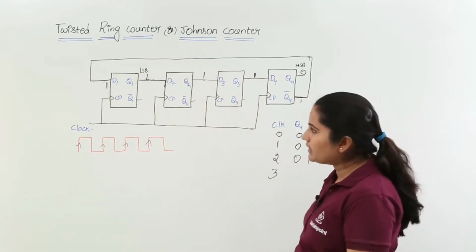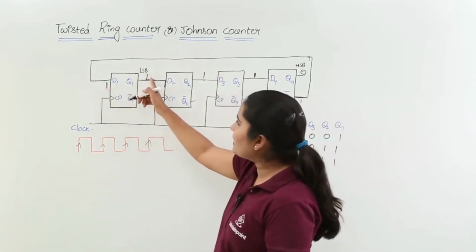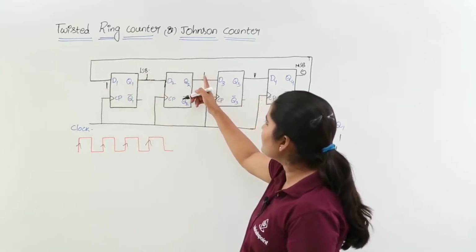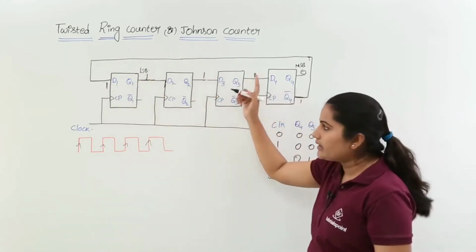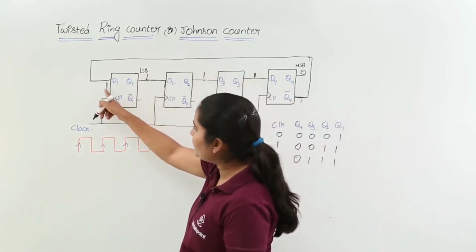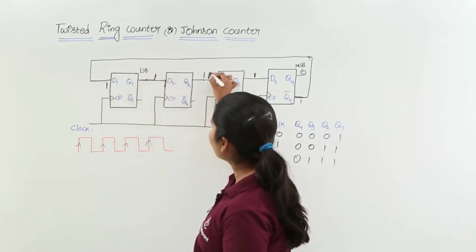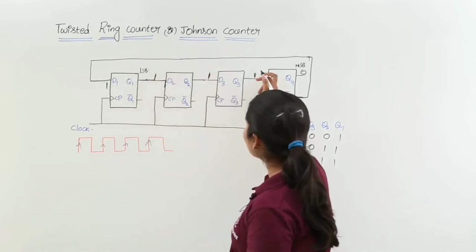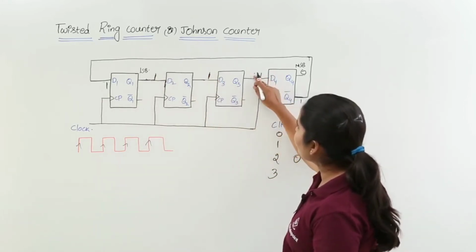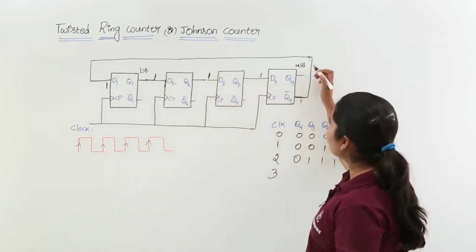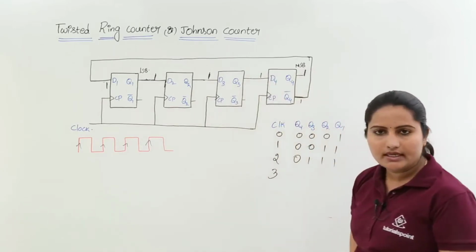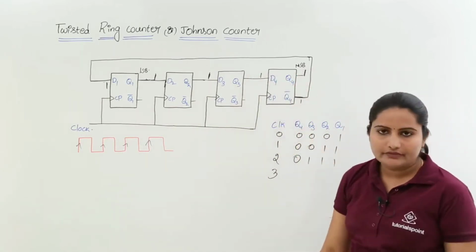This 1 will come here, and each previous value shifts to the next flip flop, with the last coming out as the output of the fourth flip flop.